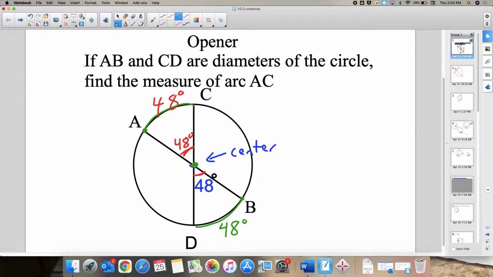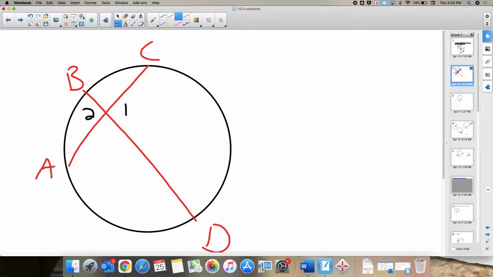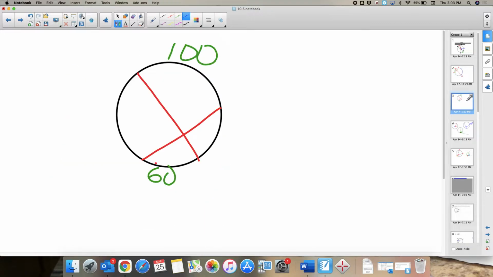As soon as I go to move that, angles 1 and 2 here, yes, those angles are still going to be equal. But if you look at the arcs they make here, AB and CD, notice they are no longer going to be equal in measure. They will have a different relationship instead. As we'll get to later on in the period, the arcs that are made there, we're just going to call vertical arcs.